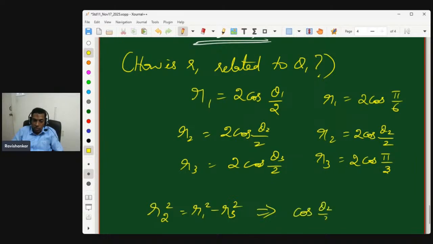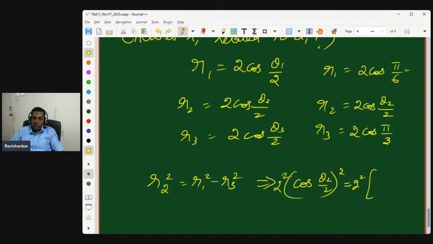cos squared of (theta 2 by 2) is equal to R1 squared minus R3 squared, over 2 squared. You can take 2 squared common.